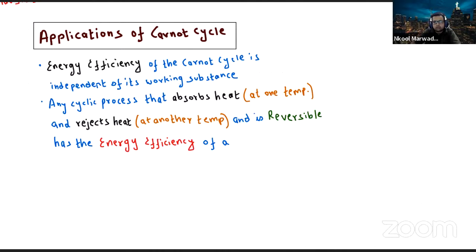This is also clear to us, we can understand this. So the idea is very simple. We have already seen that in the Carnot cycle, we have a source and we have a sink. Source is always maintained at a very high temperature.